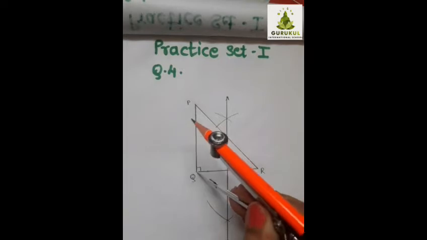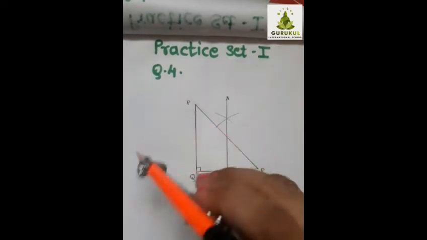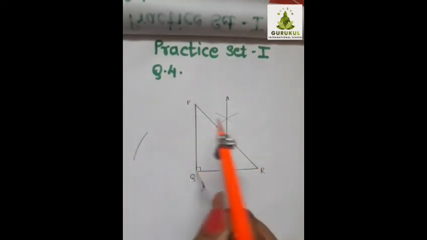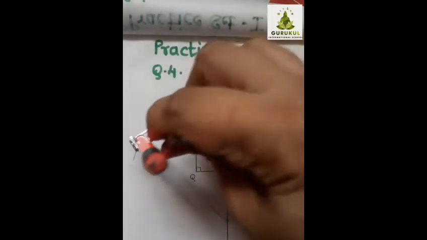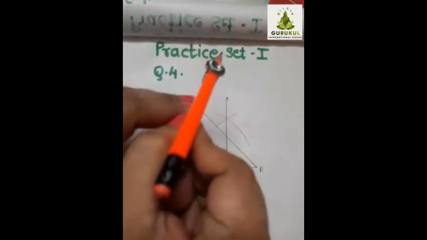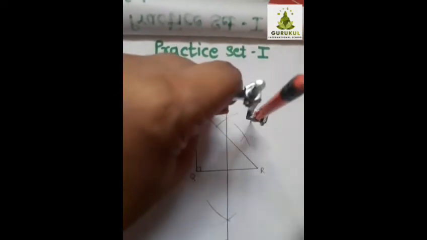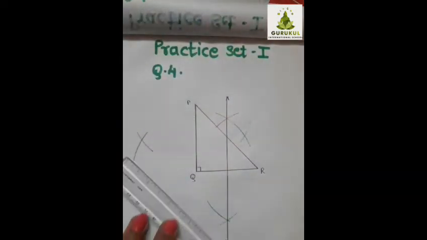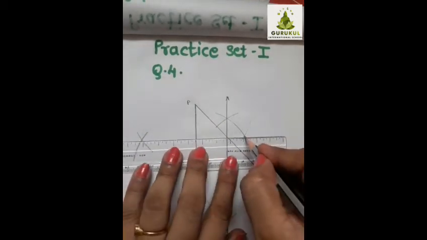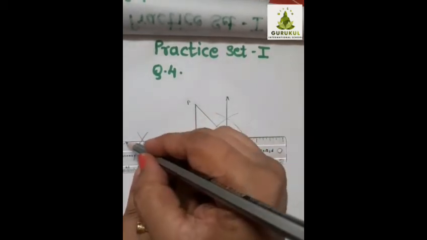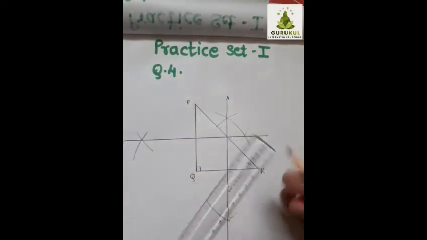Now, we'll proceed the same for segment PQ. One arc, another arc, place it on point P, intersecting arc here, and intersecting arc on this side. Take a scale and pencil and join these two points.